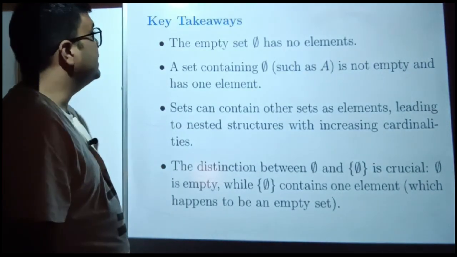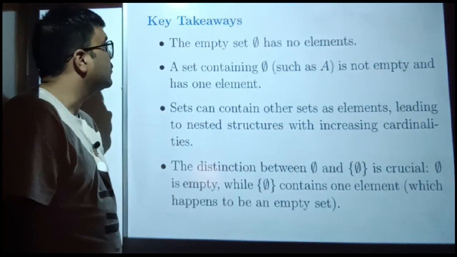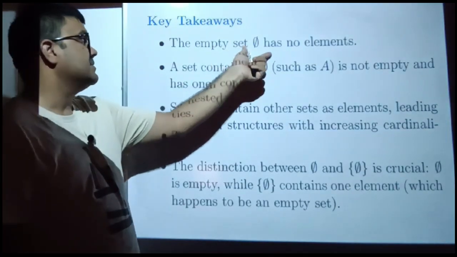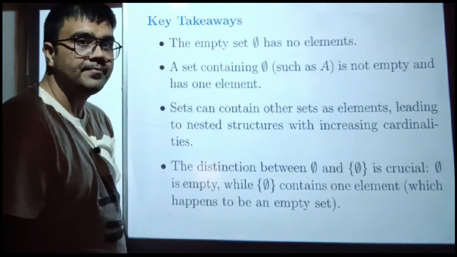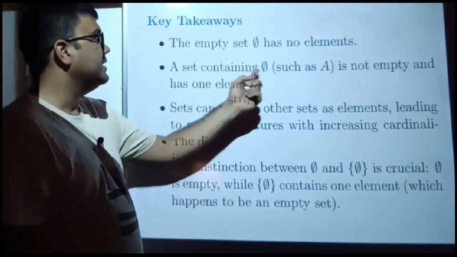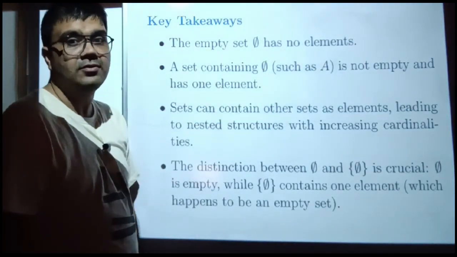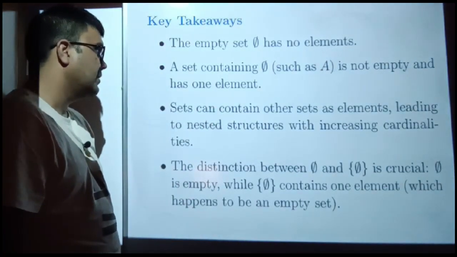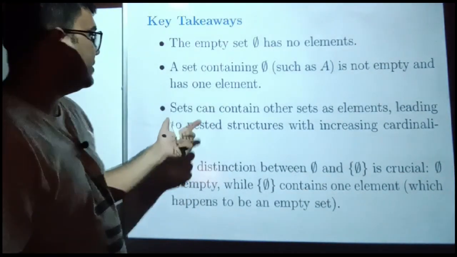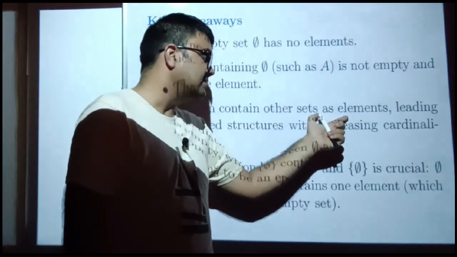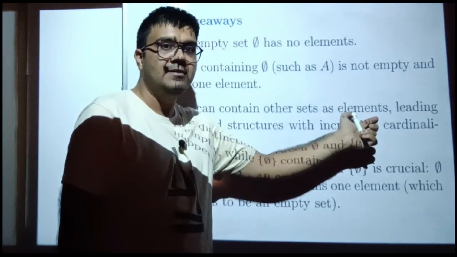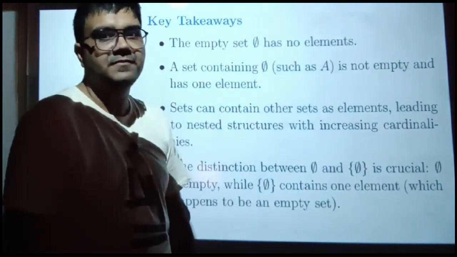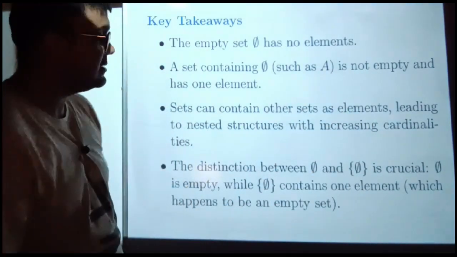So what we obtain from this is that the empty set has no element. The set containing phi is not an empty set as it contains one element. And we can see that a set can contain other sets as elements, and this leads to nested structures with increasing cardinalities.